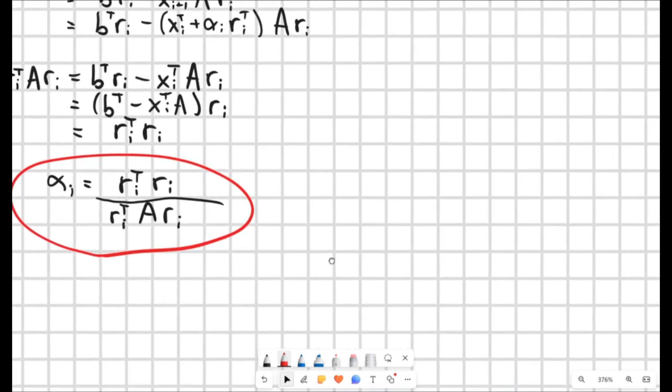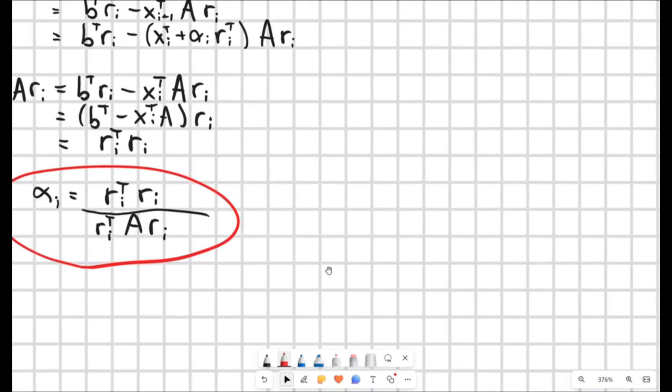So putting all this together, in the ith iteration we start off by saying, well, what's the ith residual? So Ri is equal to B minus A times xi. We then calculate our best alpha, which we've already written, but I'll do it again just to be clear. We know we're going to move in this direction.